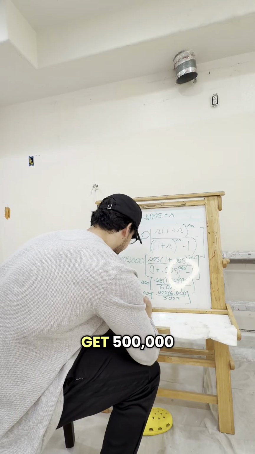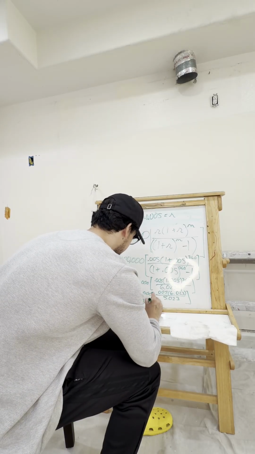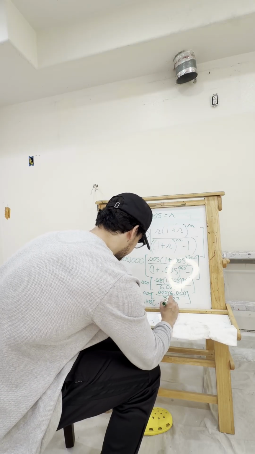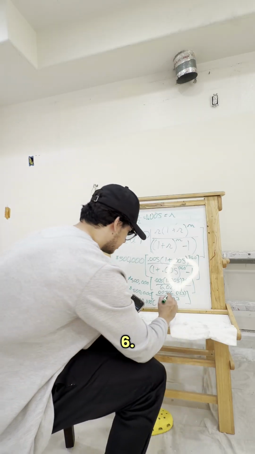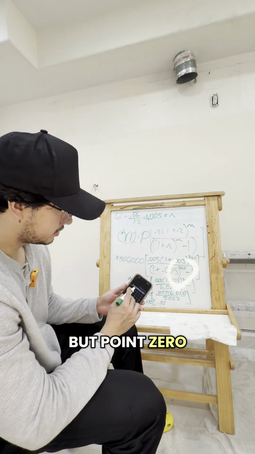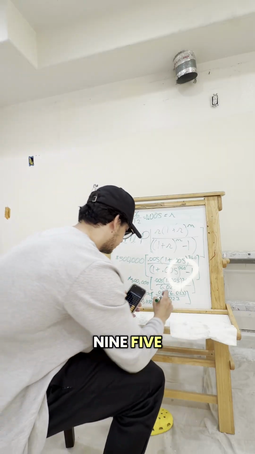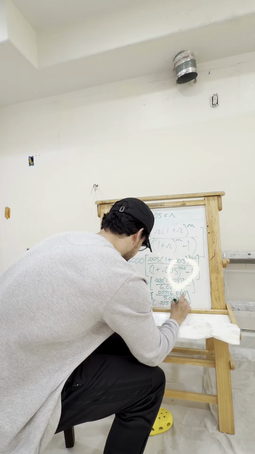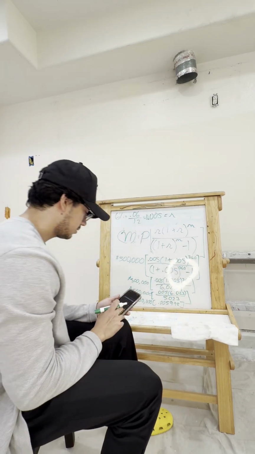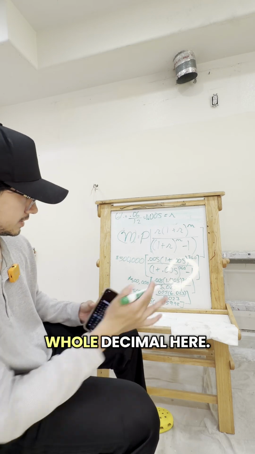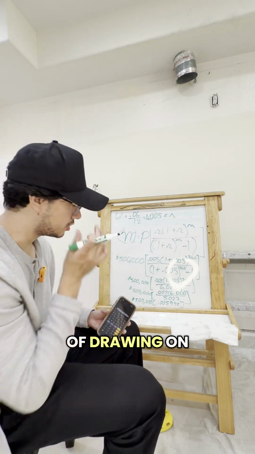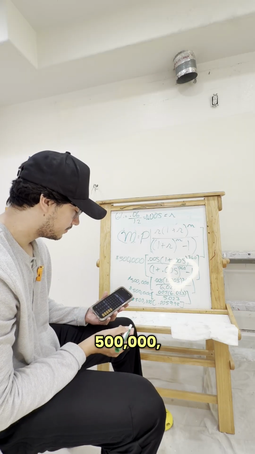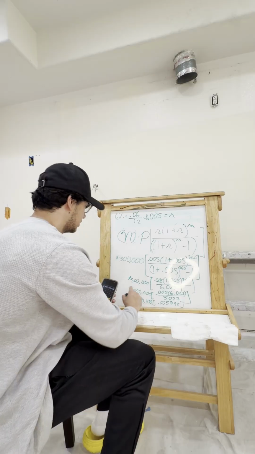Then we get 500,000 times 0.006, but 0.005995. I'm taking the whole decimal here. I just rounded for the sake of drawing on the whiteboard. And when you multiply it times 500,000, then you're going to get your payment.